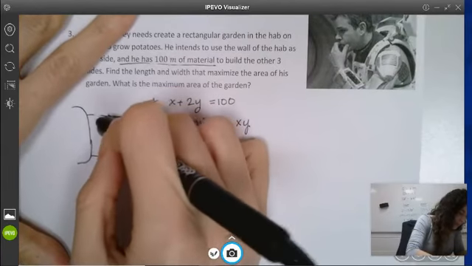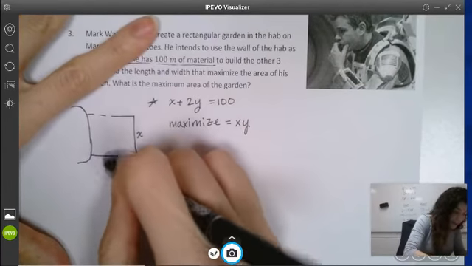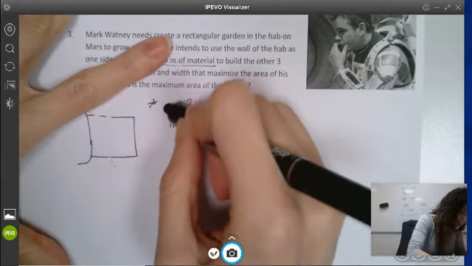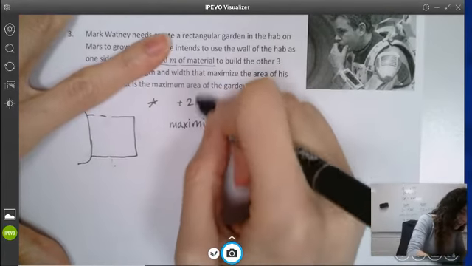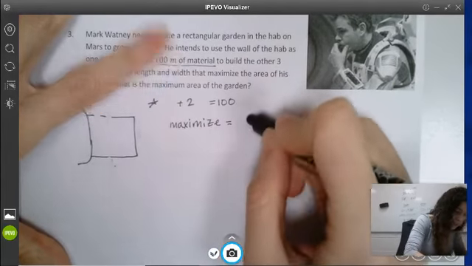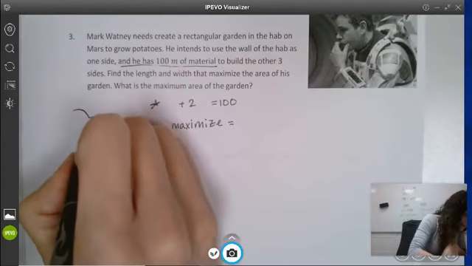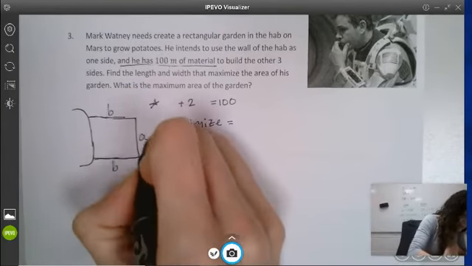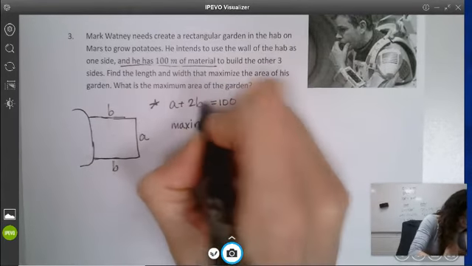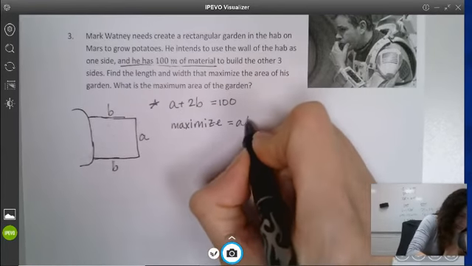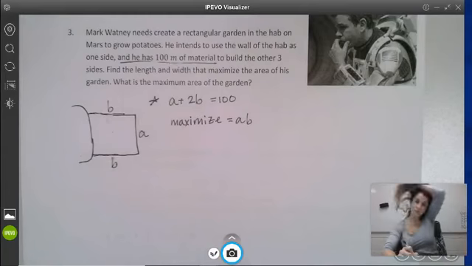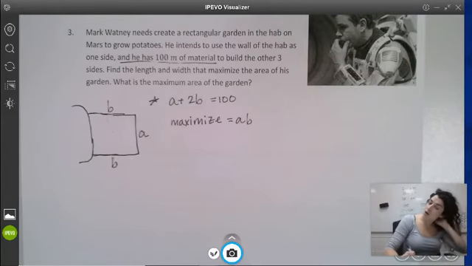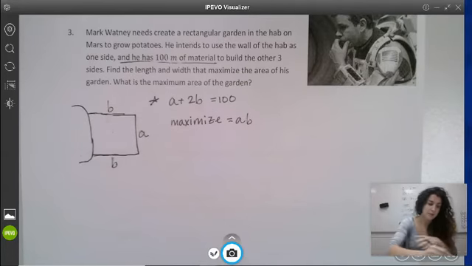Let's not use x and y, because talking about things like x and y values could make it confusing. If I talked about this as b, b, a plus 2b, and we want to maximize a times b. Okay, so we want to maximize the equation of a times b.